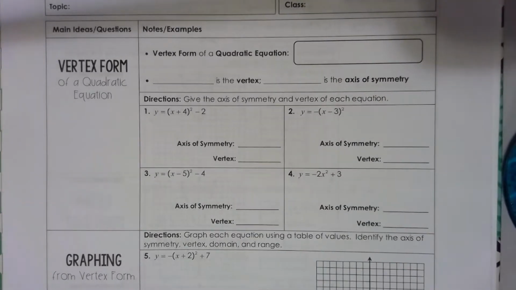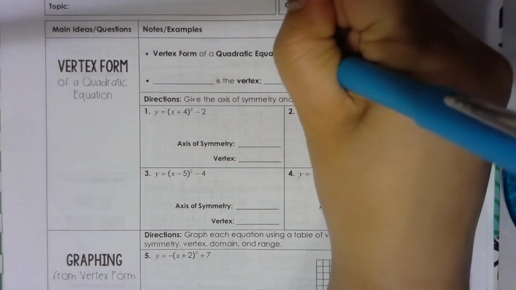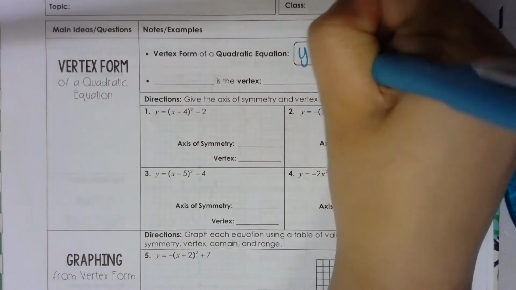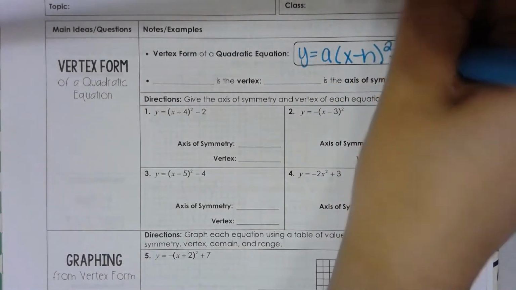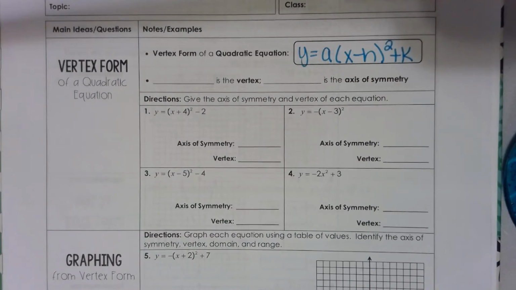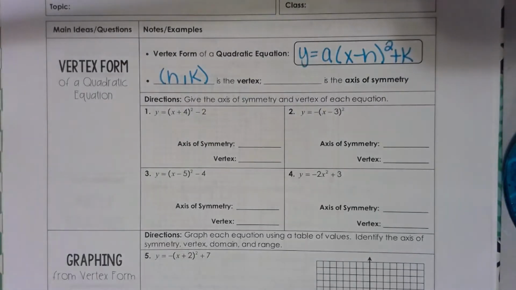So the vertex form of a quadratic equation is in the form y equals a times x minus h squared plus k. H comma k, which are two new variables that we have introduced, are actually the vertex spots.